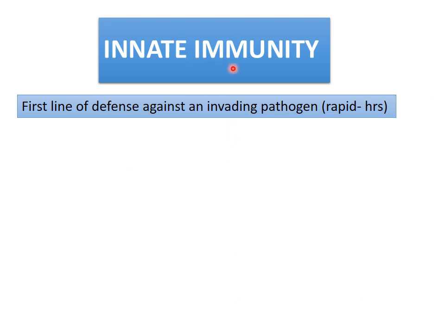The innate immunity refers to the defense mechanisms that are immediately available on exposure to pathogens, for example bacteria, virus, fungi, parasite, etc. So it is a first line defense against an invading pathogen. The innate immune system responds rapidly within hours, and it occurs naturally. That's why it is known as natural immunity.